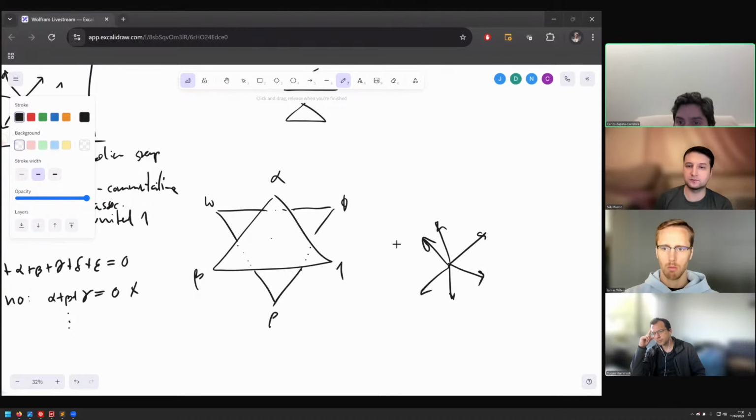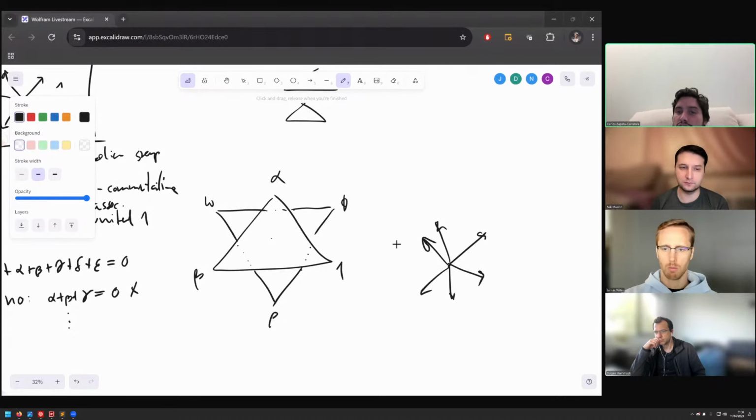There are no parallel vectors, so there's no pairwise cancellation, right? It's clear from this top-down view that there are no parallel vectors. And then if you take any trios, they always kind of push away from the origin, so their sum is always going to be some non-zero vector sort of pushing away from the origin, right?